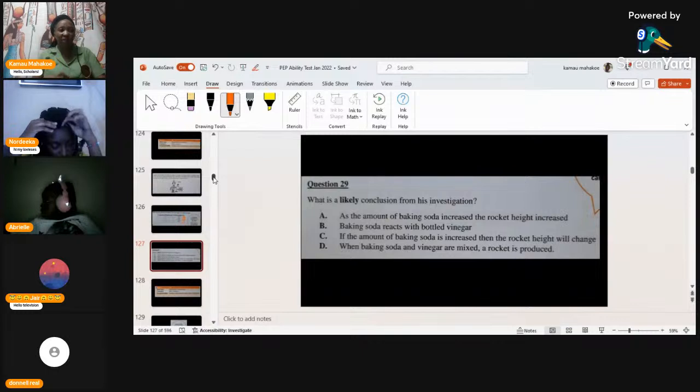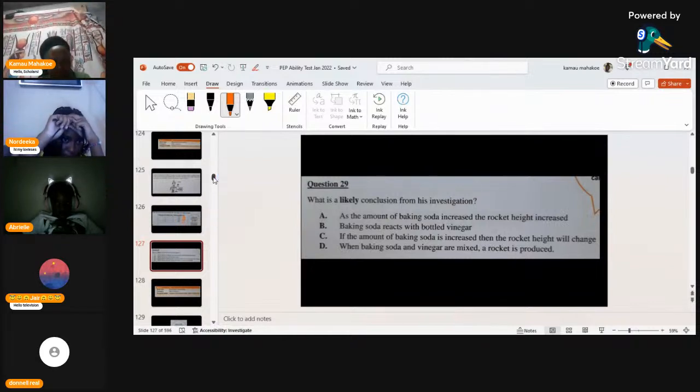The conclusion must be something that we observe based on carrying out the experiment. What actual change occurred? What actual pattern did we notice? So A is correct.